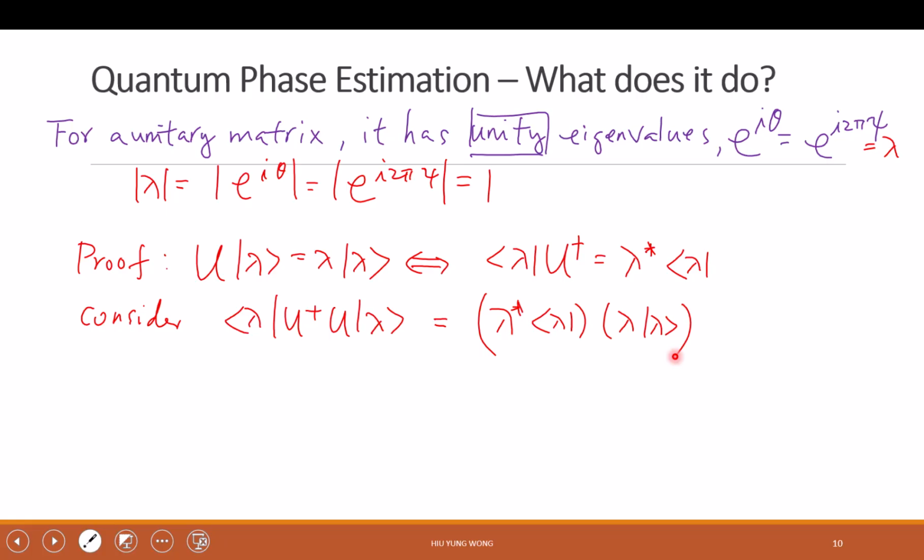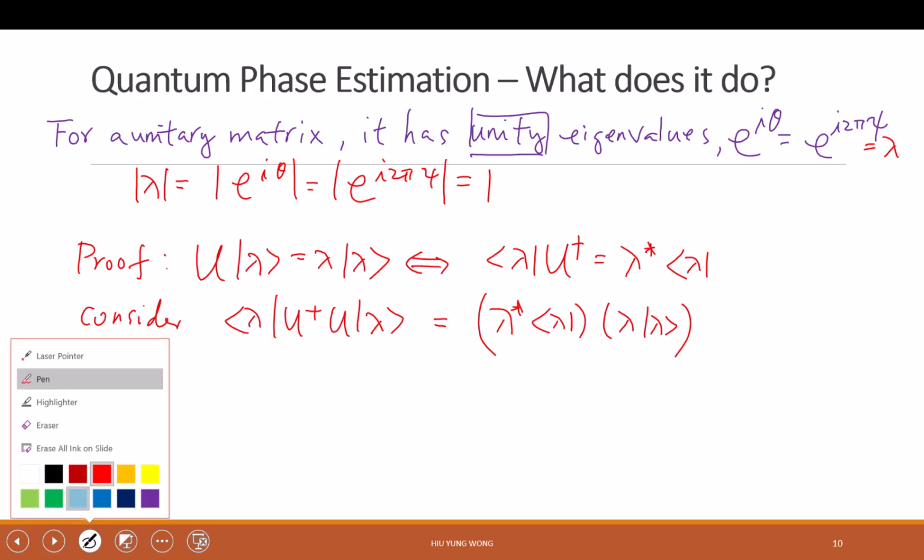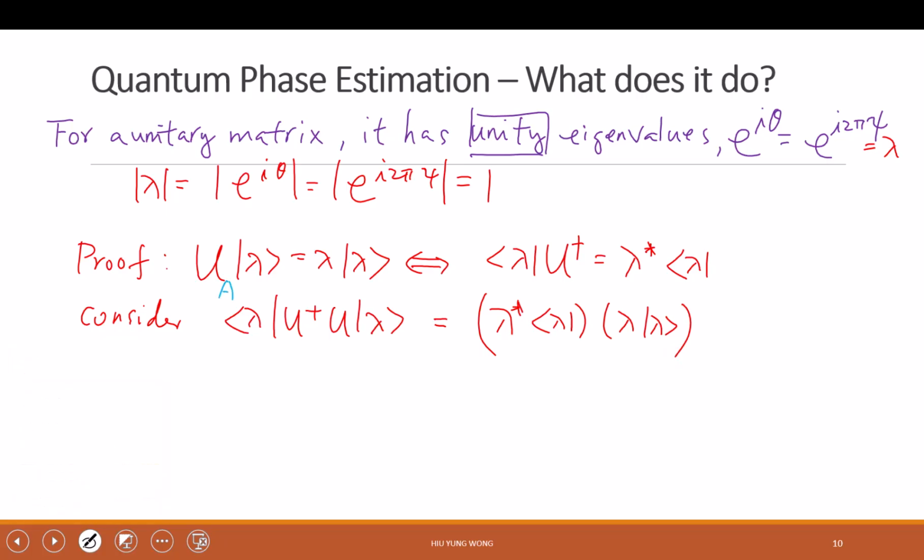If this is not clear, let me label them. If these are A, B, C, D, what I'm doing is C times A equals D times B. C times A gives me this, and D times B gives me this. Correct?